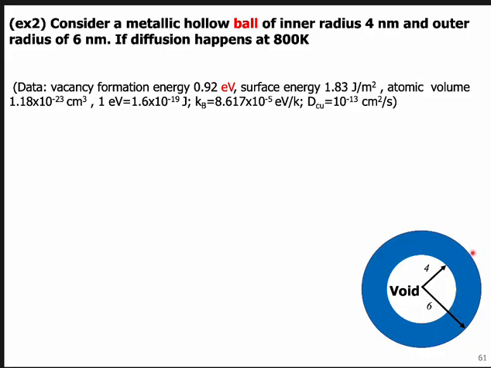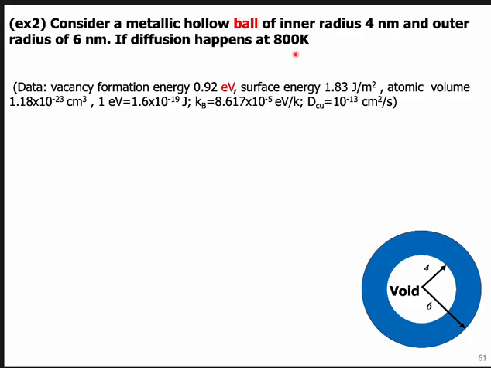If you take a look, the atoms with higher surface potential will move to the inner surface, because in this region they have a lower surface potential with negative kappa, right? So this hollow structure will shrink.